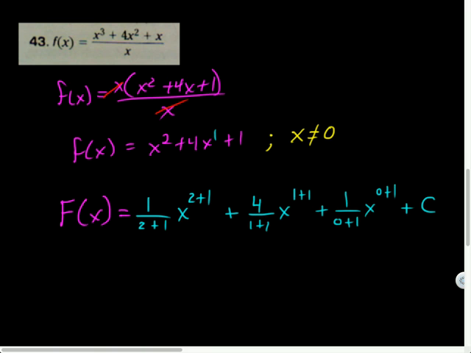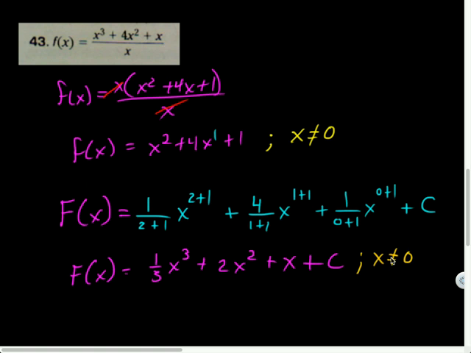So let's simplify this. So I'll get cap F of x is equal to 1/3 x to the 3rd plus 4 divided by 2 is 2x squared plus x plus C, and I believe we'd still have the limited value of x cannot equal 0.